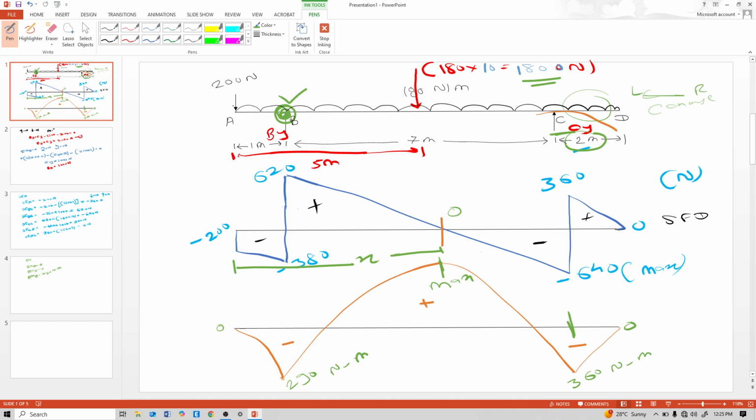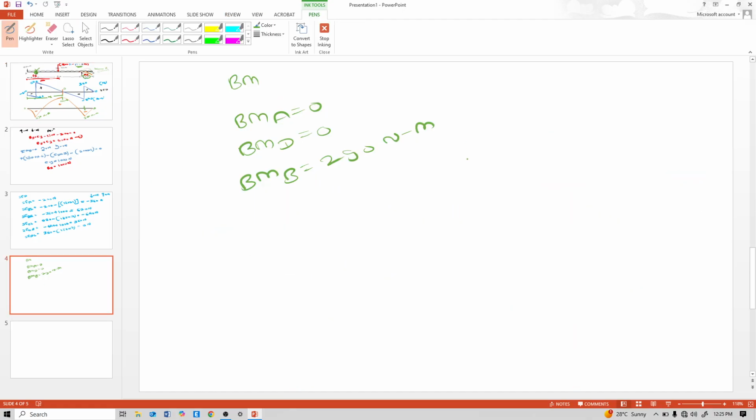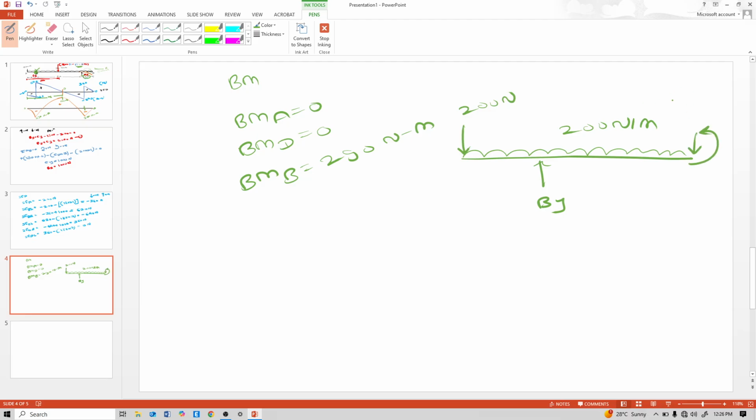First consider this beam, 200 N and UDL 180 Newton per meter. So this is Mx, this is Vx.